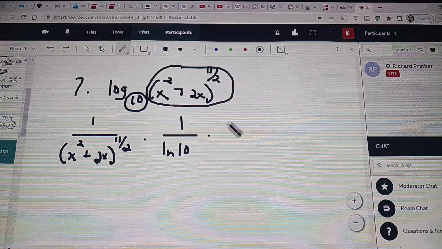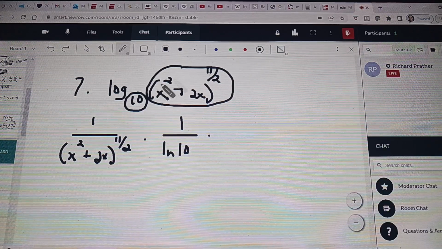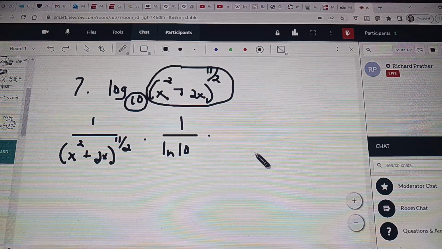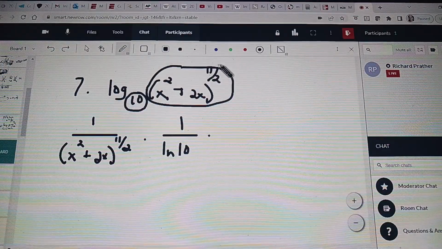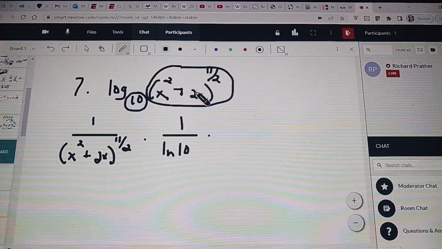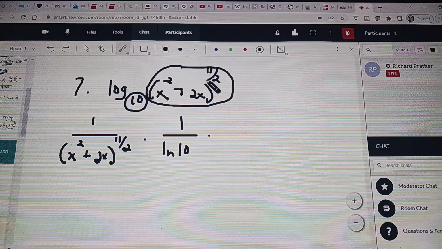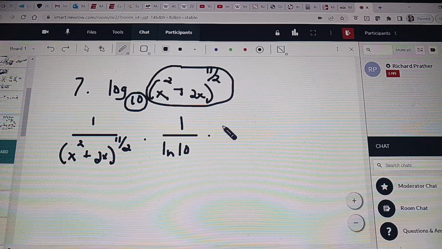And then now this last part is whatever, like if you were back in section 5.1 or what chapter are we in, 4? Like all the way back in 4.1 is when you learned how to do something like this actually. Well, at least not the inside stuff, but the rest of it. So I just want to do the derivative of this. It's actually more like section 4.3 where you're doing the chain rule.